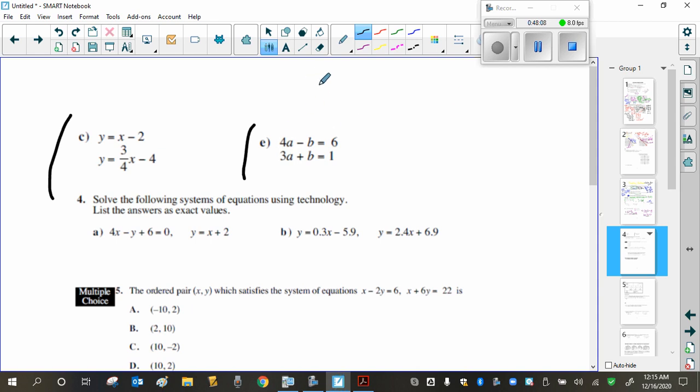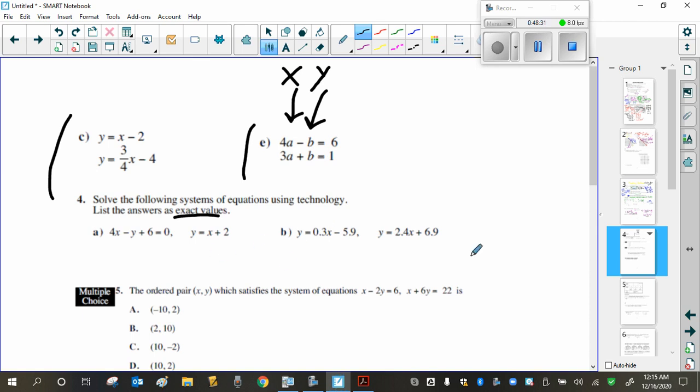Which one's y? Is it A or B? Well, it's alphabetical order. Y is the B, so you're solving for B here. Exact values, we'll talk about that tomorrow.